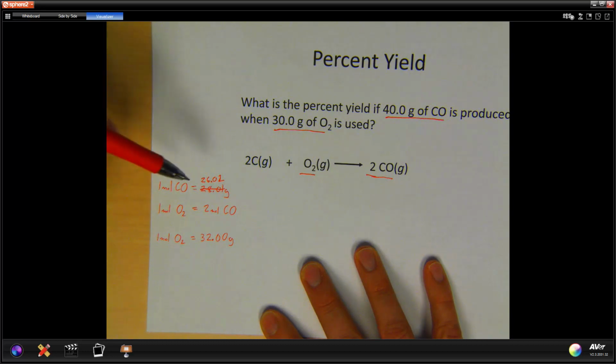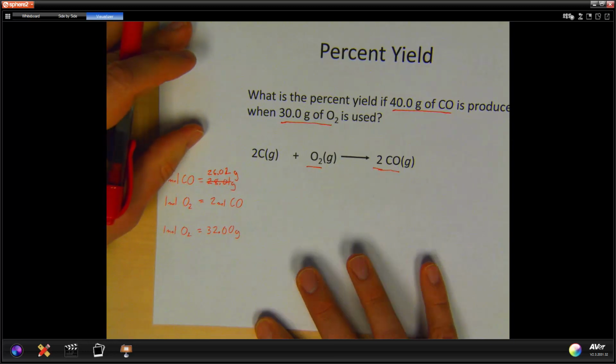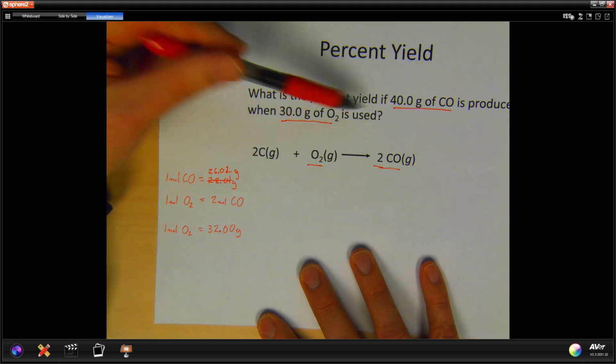We have three equalities to base our conversion factors on, and then we have these other numbers given in the question.